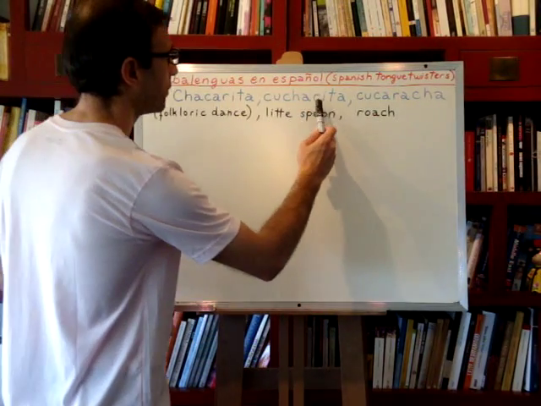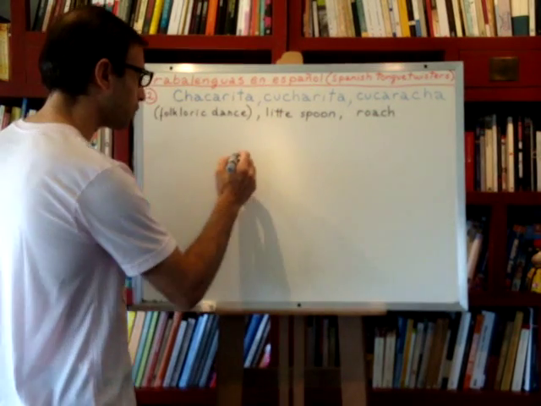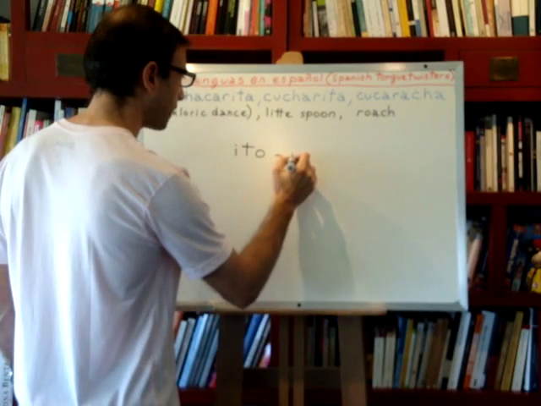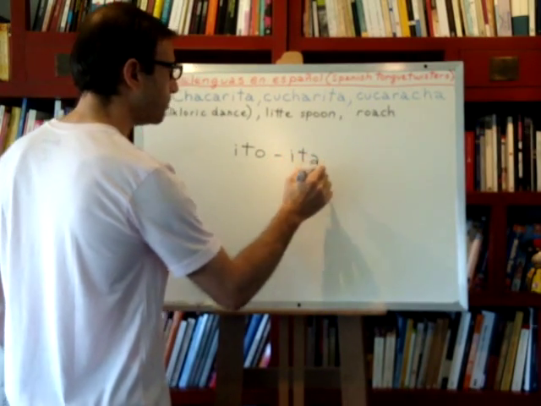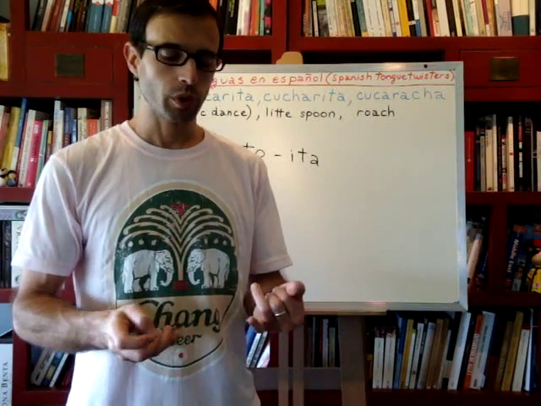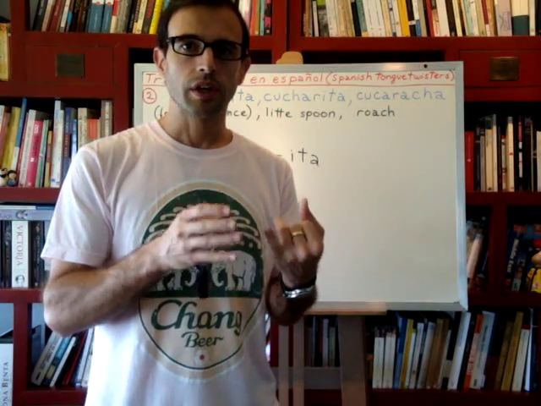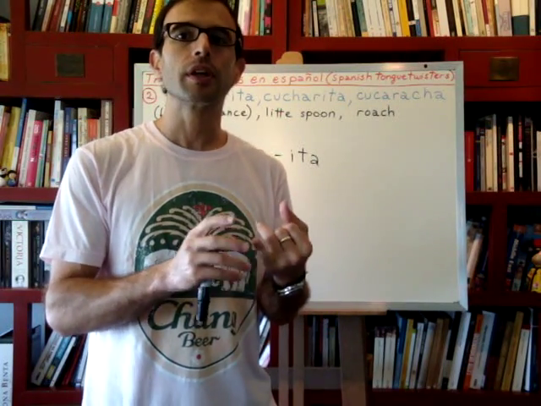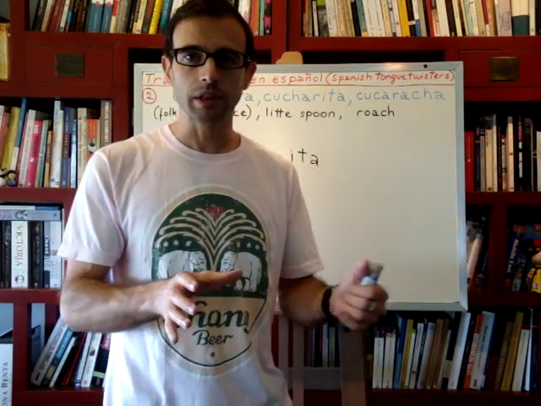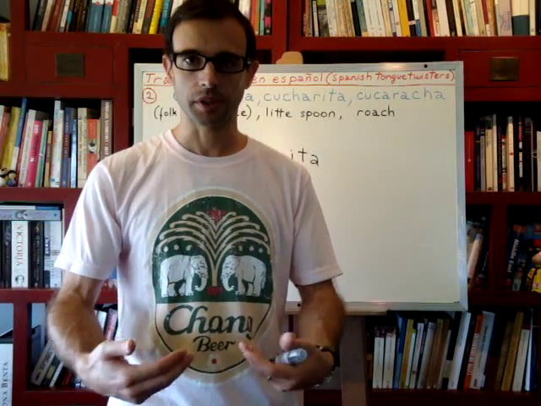Because here, this is a diminutive, right? So all the Spanish words that end in ito or ita are diminutives. And when do we use diminutives in Spanish? When we want to actually focus on something, we want to stress that something is small or little, or also when we are fond of something, okay?